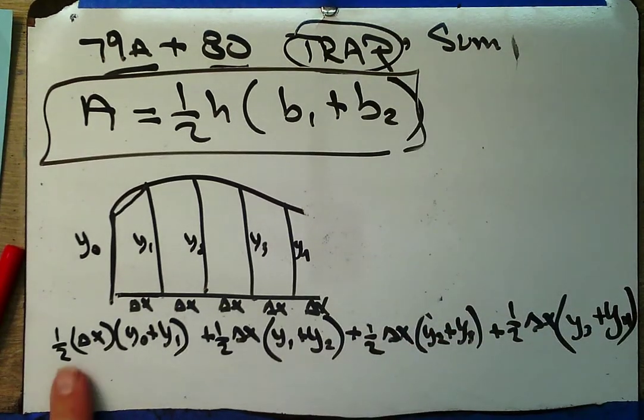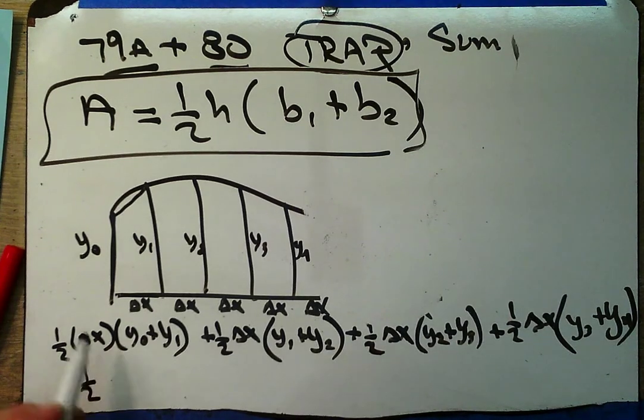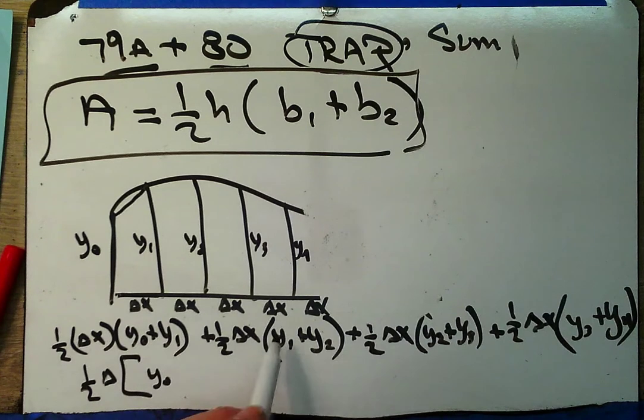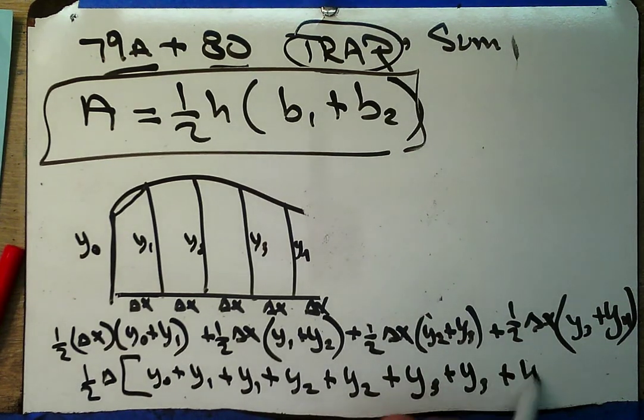Now, I definitely see that I can pull out all these 1/2s and all these consistent subinterval widths. And if I do that, I get y sub 0, y sub 1 plus y sub 1 plus y sub 2 plus y sub 2 plus y sub 3 plus y sub 3 plus y sub 4. Okay?